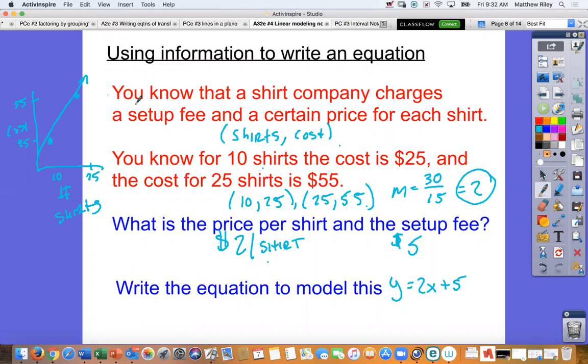So it's going to go up like this. In other words, you know that this is the cost. I can go ahead and do this all out, which I will right here. So if I'm finding my slope, which is 2, and I pick a point, I can just do y minus 25 equals 2x minus 10, distribute.